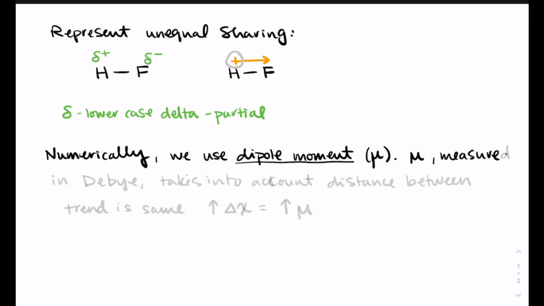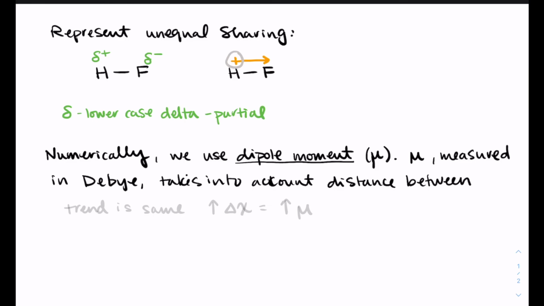A dipole moment, which we represent with the letter mu. I don't think you'll see that used a ton in this class, but if you see a mu and it's talking about bonds, it's probably talking about the dipole moment. We use it to talk about how these electrons are distributed.